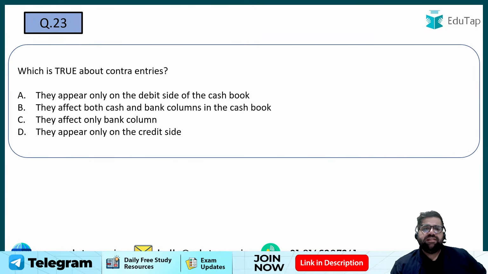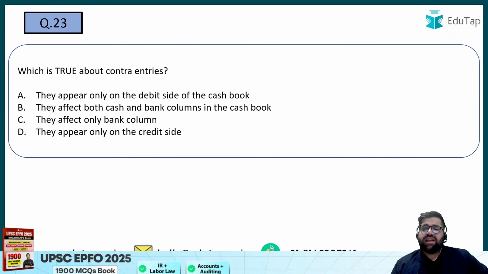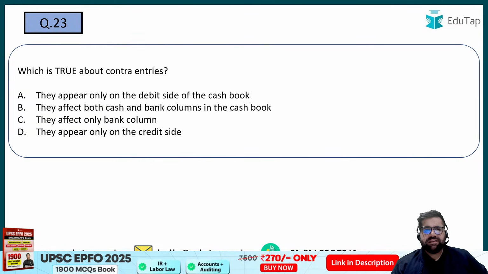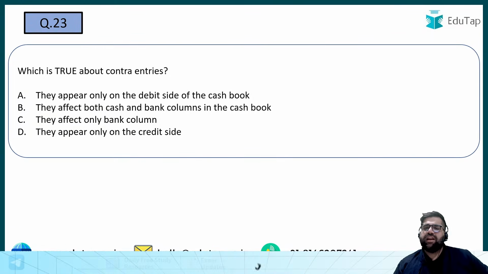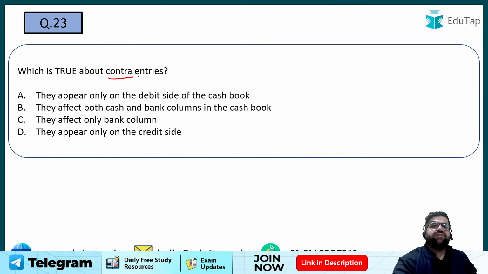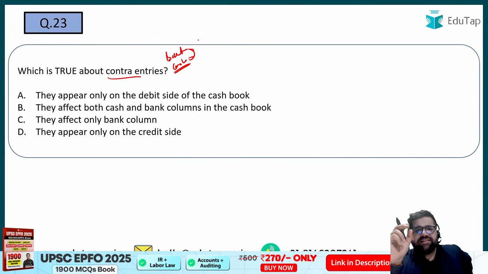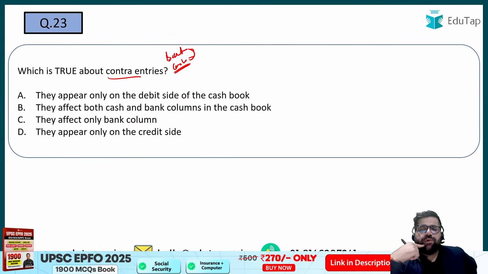Now moving to 23. Which is true about contra entries? What are contra entries? That is what the question is asking you. Contra entries are basically those type of entries which will affect two accounts, your bank account and your cash in hand account. Right? Now try to answer.